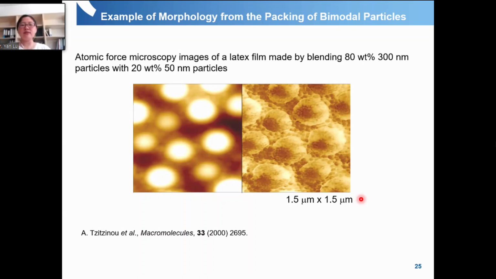This is also an AFM image. They were trying to prepare a latex film using larger particles of around 300 nanometers, and then they filled this with small particles of around 50 nanometers. You can see the small particles fill the voids between them and reach a high packing of the latex particle films.